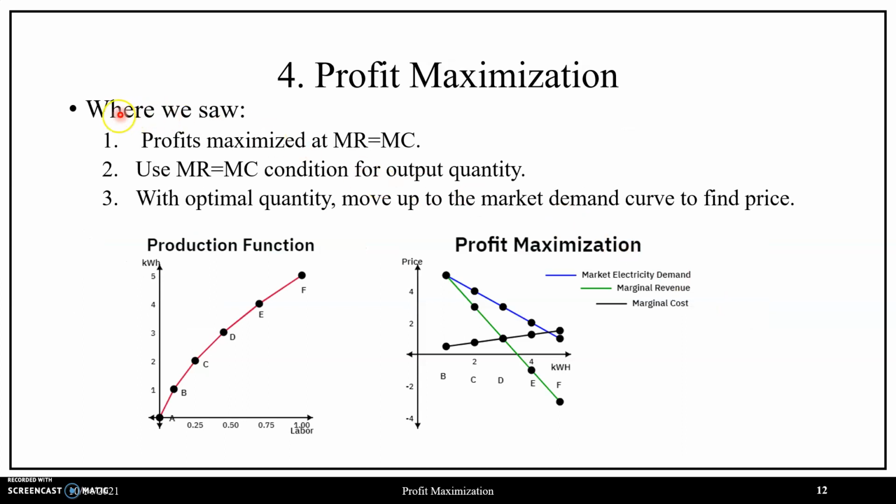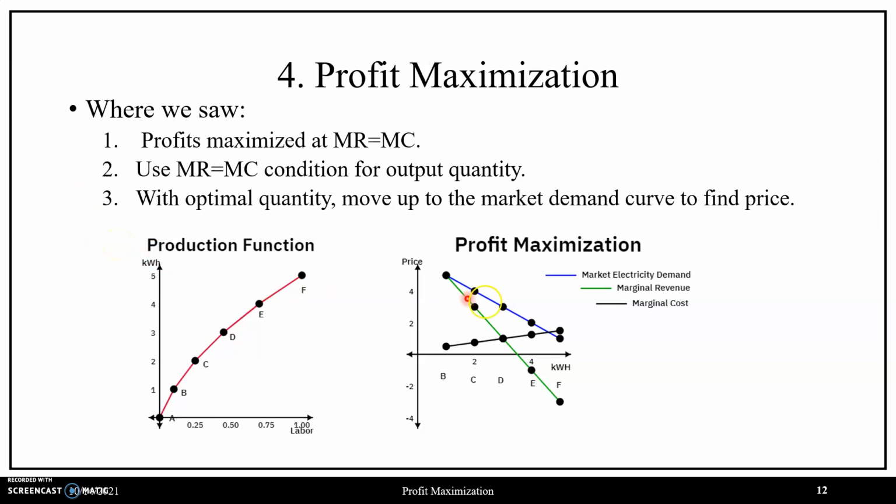Overall, what we saw is that profits are maximized when marginal revenue is equal to marginal cost. The monopolist will use the marginal revenue equal to marginal cost condition to determine the output quantity, from which they will move up to the demand curve using that output level to find the price, since they are a price maker.